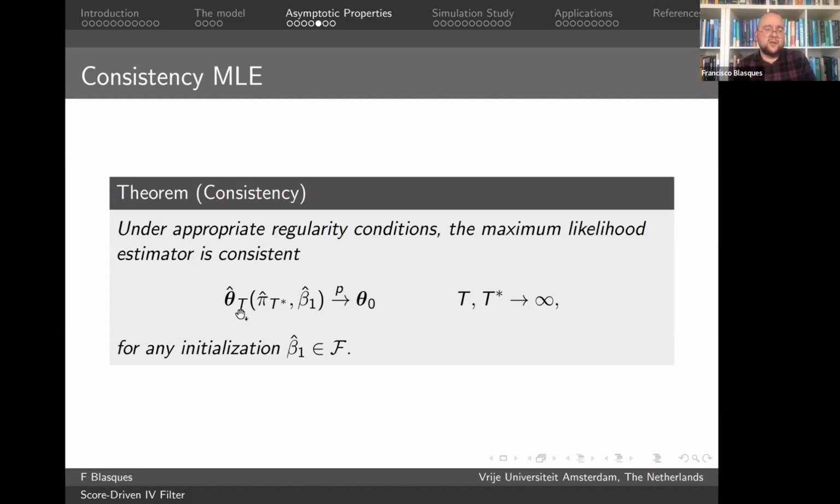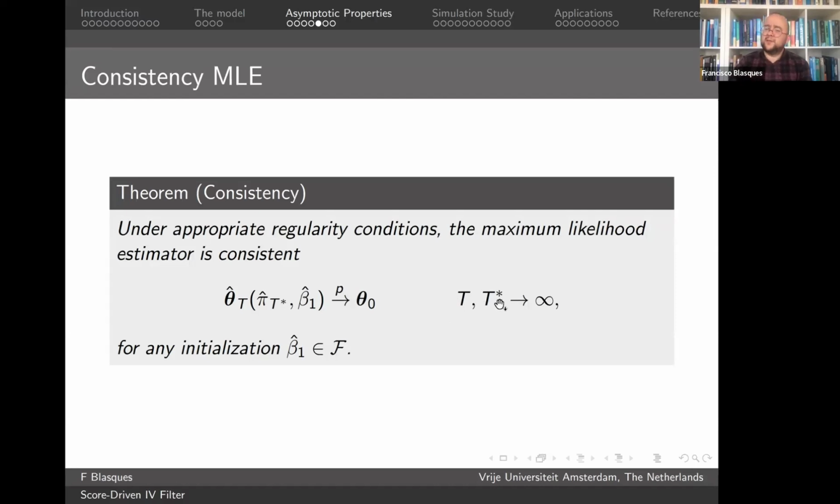So that second stage regression has a number of parameters. It depends on pi hat from the first stage regression. And we also have that dependence on the initialization of the filter. Well, if everything I said is fine, then we converge to the limit theta 0 as we want, regardless of the initialization.